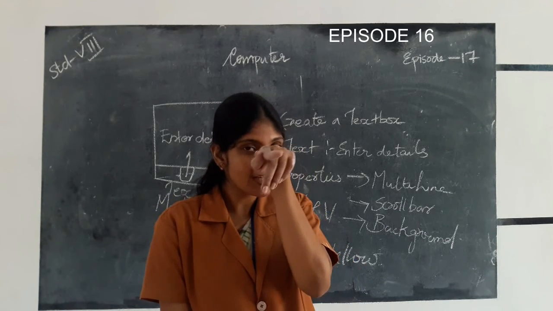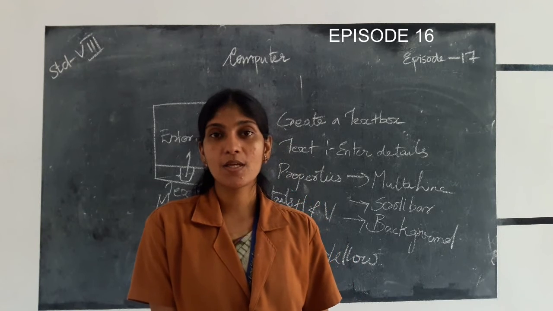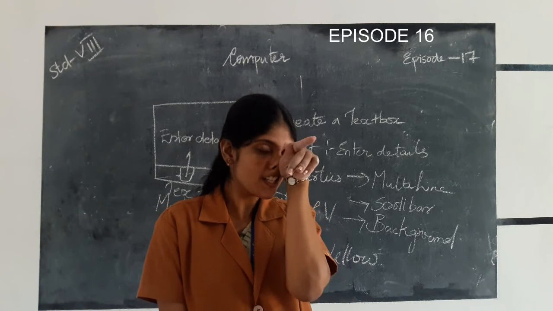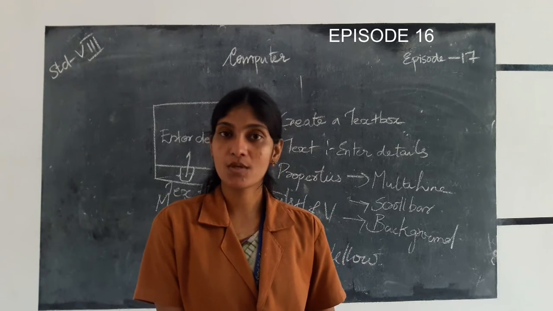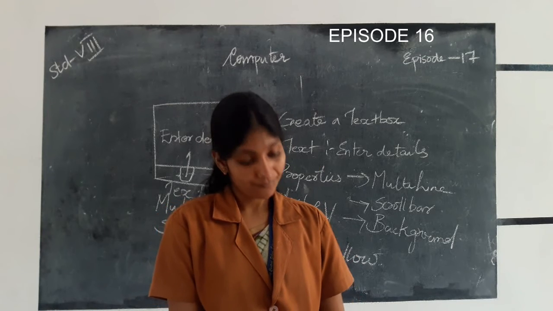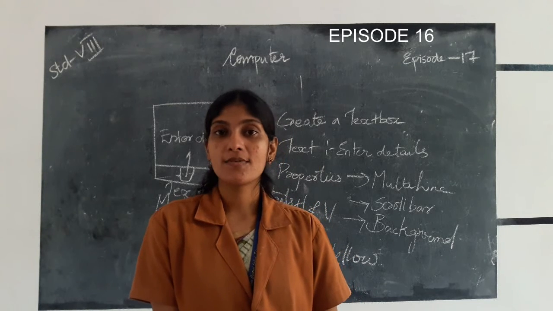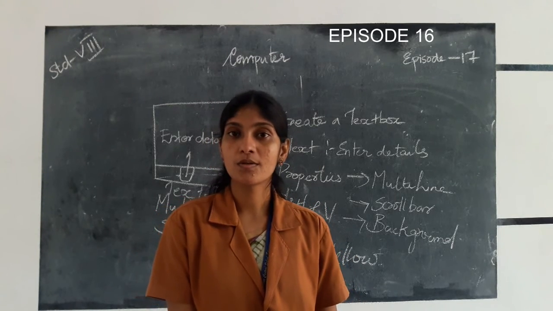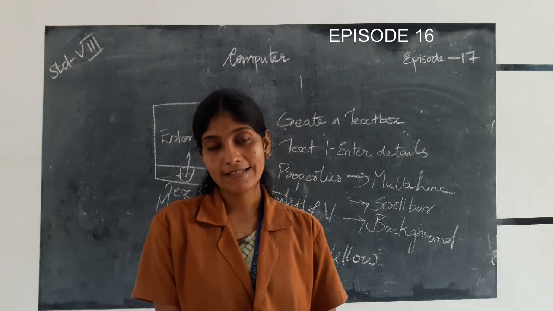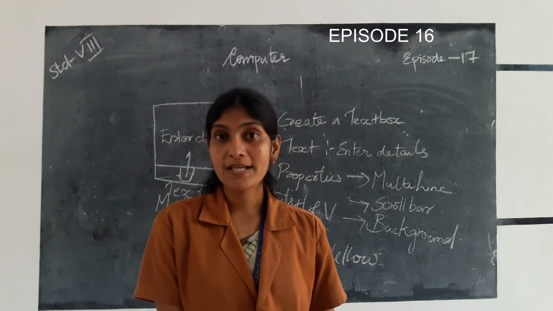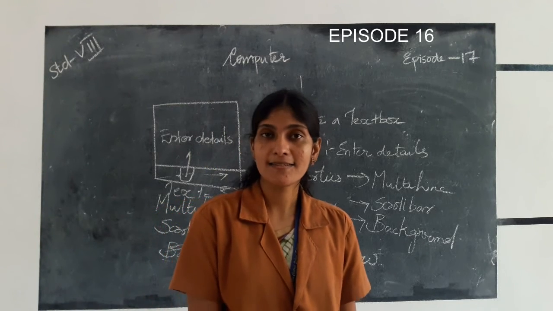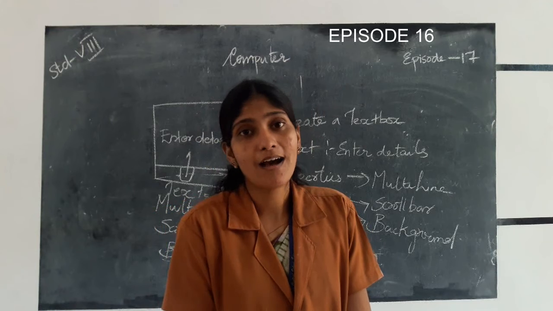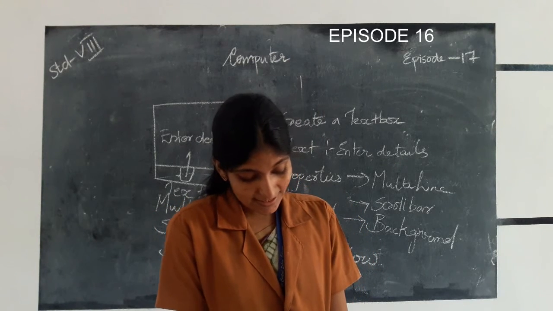Then next is password character. For a password entered which cannot be seen by any other person, you can set a property like password character, which means the text is replaced by a character like symbols such as star, hash, etc. Then next is word wrap.